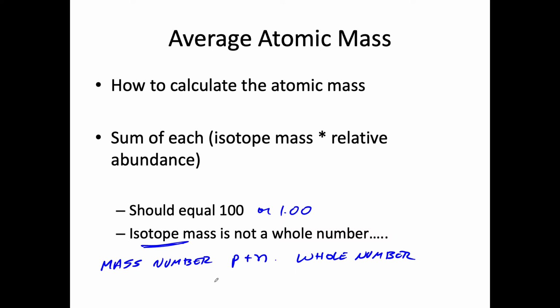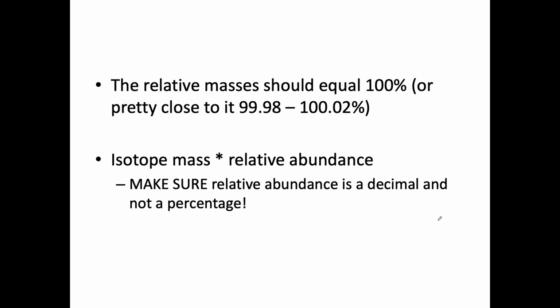And so the isotope mass, the actual mass, is not a whole number. It is a number plus a decimal. And now we have an idea of what we have to do. When we add everything together, it should equal 100%, or 1. If it's pretty close, 99.98 to 100.02%, you're fine.